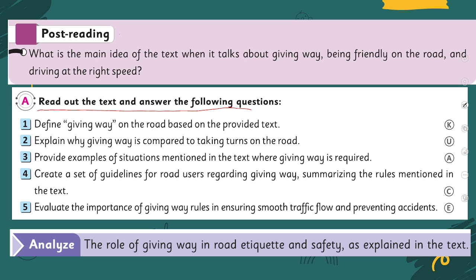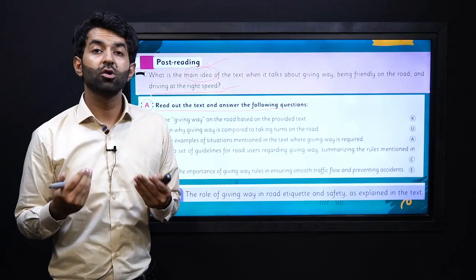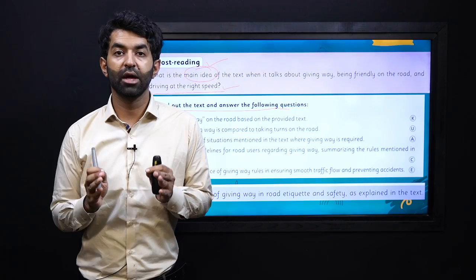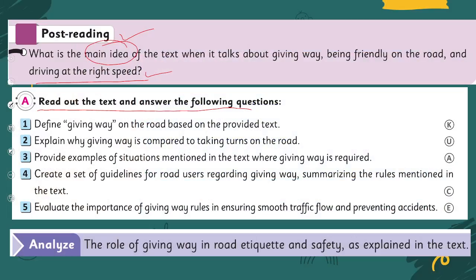This is your post-reading question. It means that this is talking about the main idea of the text when it talks about giving way, being friendly on the road, and driving at the right speed. So first, you will talk about the main idea, as this is our keyword which is clearly mentioned. Now, let's understand what is the main idea of the text when it talks about giving way.